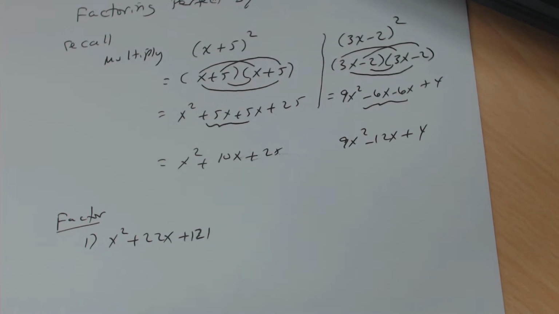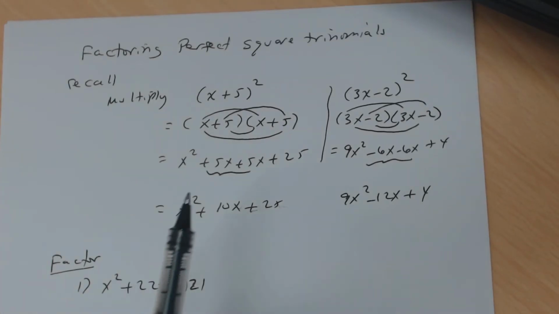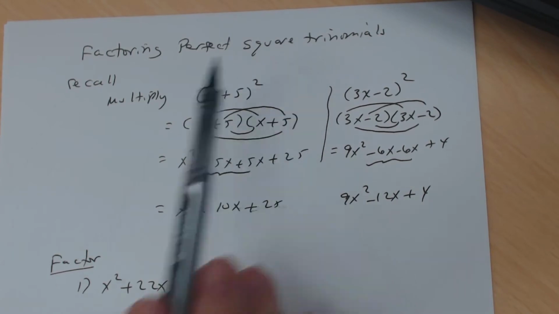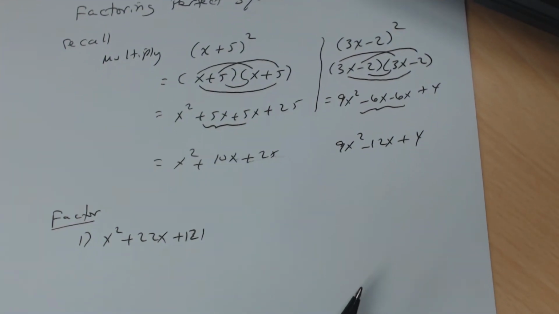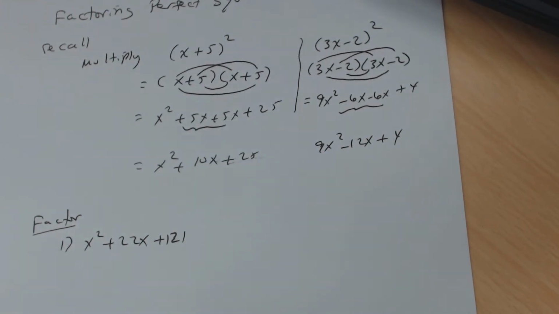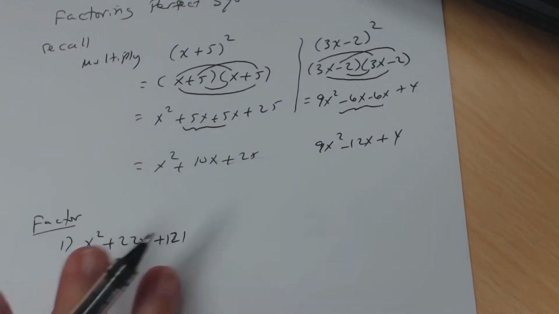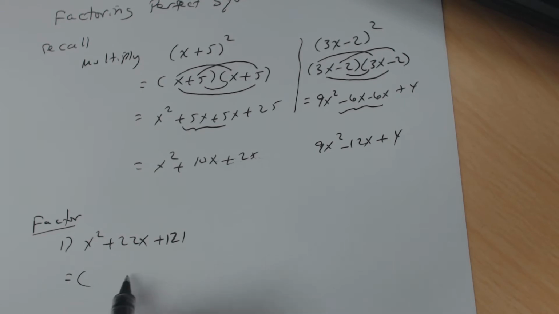You could use trial and error. Notice that since the coefficient of x squared is 1, you could use the method you learned in the previous section. It really doesn't matter, but you still need to understand what a perfect square trinomial looks like.